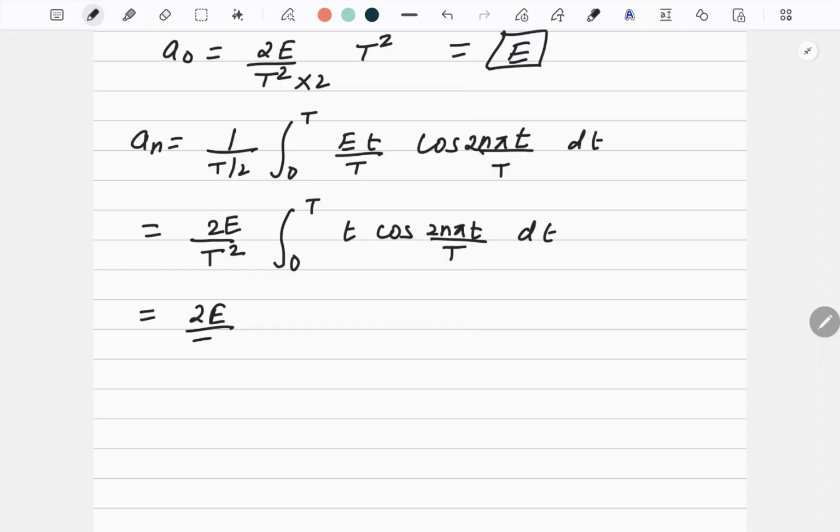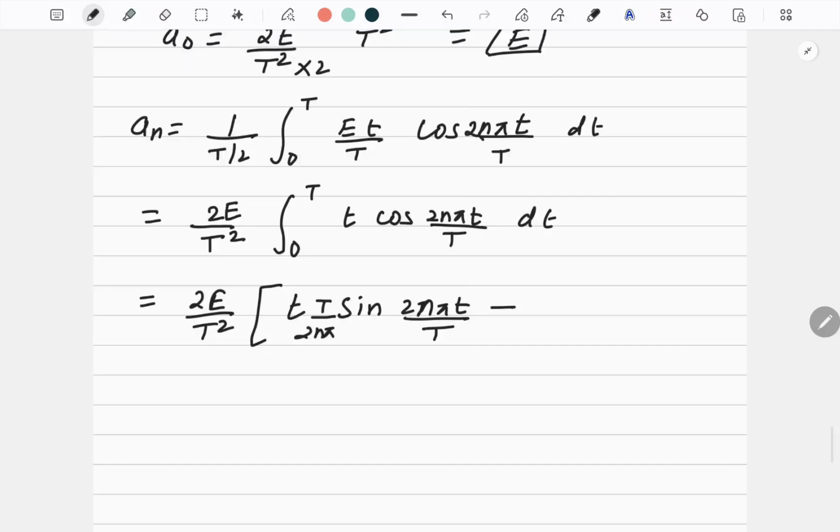So 2e upon T square, first function t, integration of cos is sine, minus integral of d by dt of first function, that is 1, and integration of sine will become minus cos, but this will become plus cos of 2n pi t upon T and T upon 2n pi whole square, and limit 0 to T I have to put.